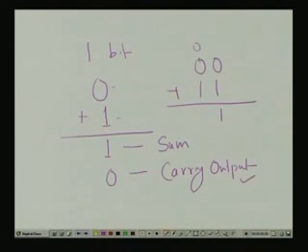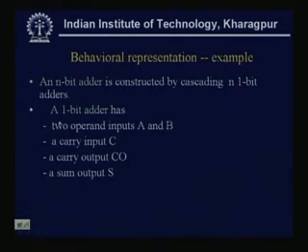Now, when we are considering the sum of these 2 bits, here there are 2 operands, and another operand is actually there, that is my carry input. So, this is illustrated here: the 2 operand inputs A, B, a carry input C, a carry output CO, and a sum output S.